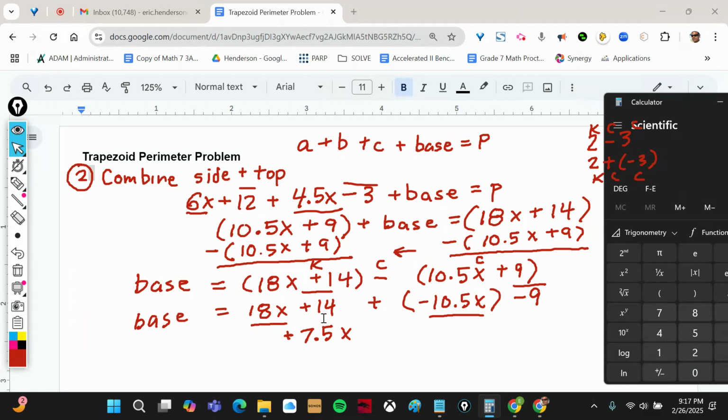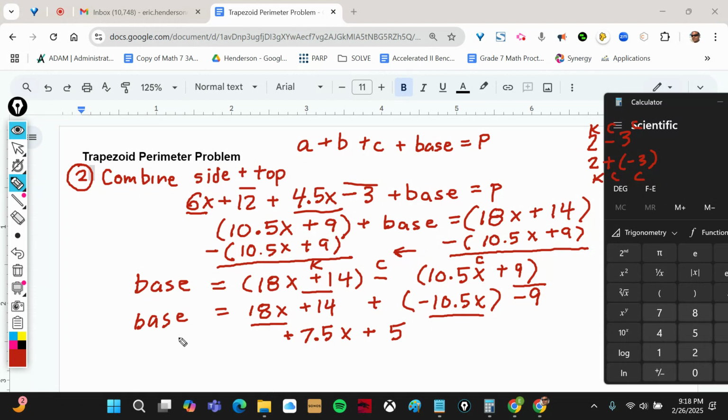Okay. Now we combine the 14 and the -9. Those are different numbers. One's positive, one's negative. They're different signs. So you subtract and you are going to get 5. Now there's a 9 and a 14. What's the largest? The 14. So this becomes positive. You don't really need the plus there.